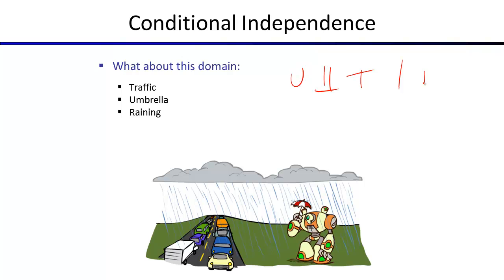So the suggestion was umbrella conditionally independent of traffic given rain. Why would that make sense? Because rain, in some sense, is the common cause. Rain will determine whether there's going to be a lot of traffic or not, and rain is going to determine whether people are carrying umbrellas or not. And there is no direct relationship between carrying umbrellas and traffic that's not mitigated through the cause, which is rain.